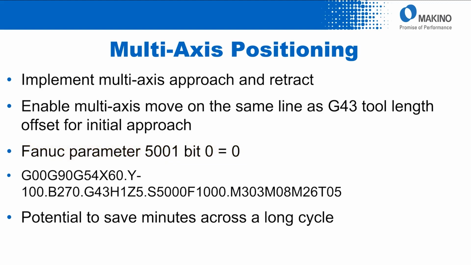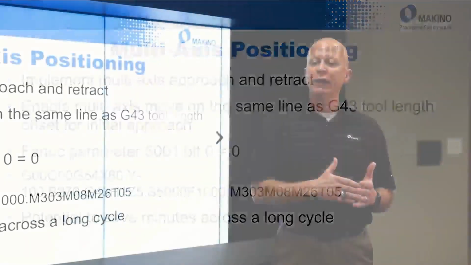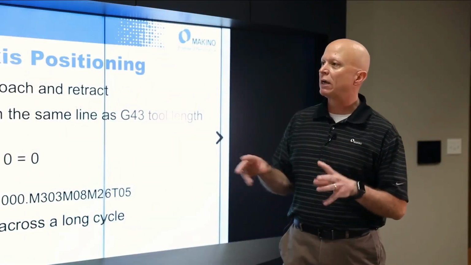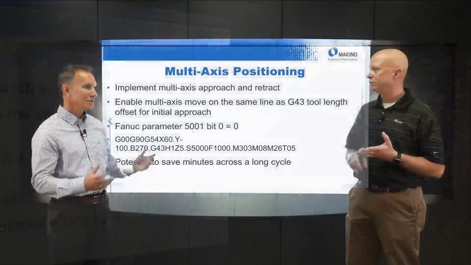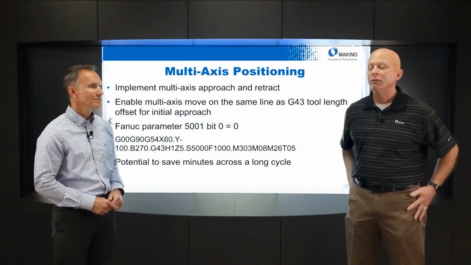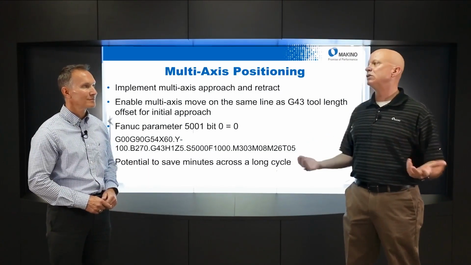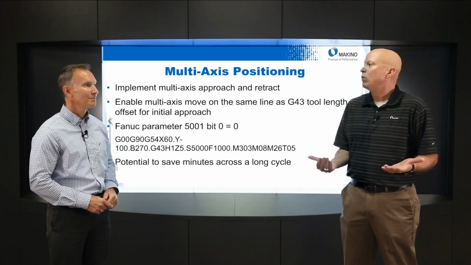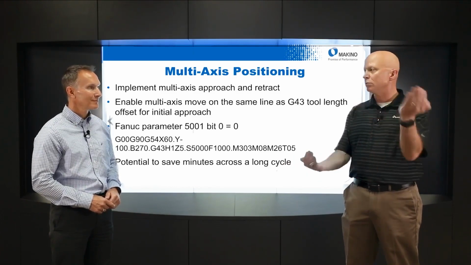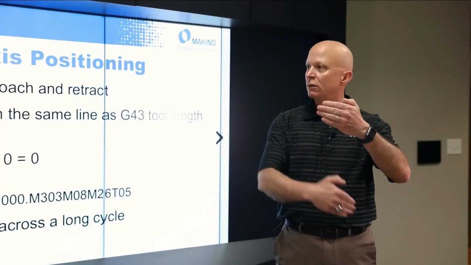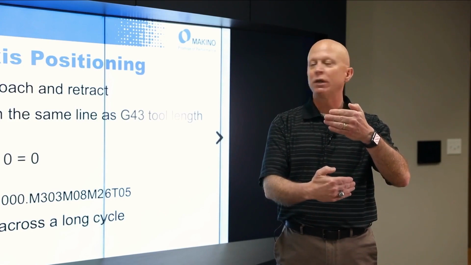When you program that, you put it all in one line and it enables you to do multi-axis positioning of the X, Y, Z, and B all at the same time. And really, you're talking about parallel processing. This is one example of a parallel process versus serial. You're taking all those axes, you're moving them together, right down to get to your feature to start your cut.